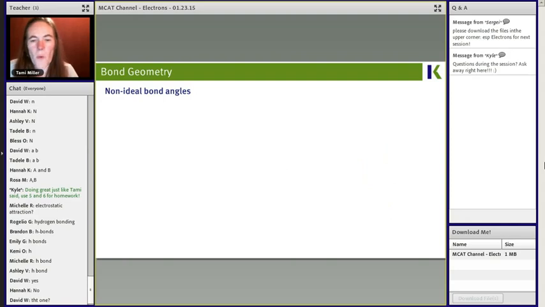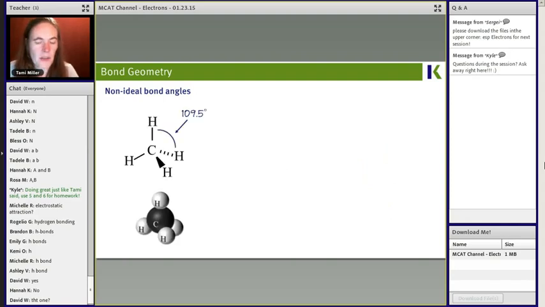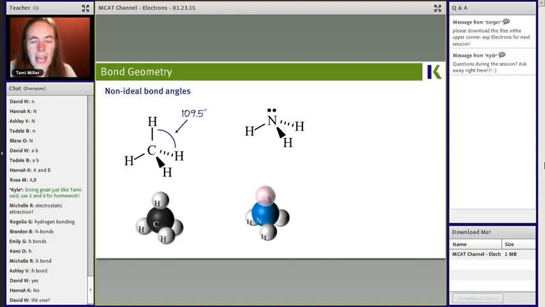Now, we mentioned that our ideal bond angle is 109.5. These all are going to have electronic geometries that are tetrahedral. However, the nitrogen's lone electrons take those arms and push them down. So if they're pushing them down, this should be a bond angle that is smaller than 109.5.